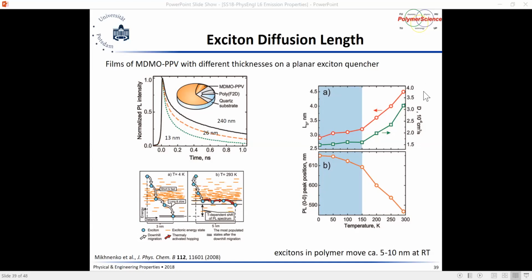As you can see here, this is the PL position peak. Maybe I won't go into too much detail on the dependence on the temperature, because it goes back to the fact that we have trapped states and what happens if you're trapped.